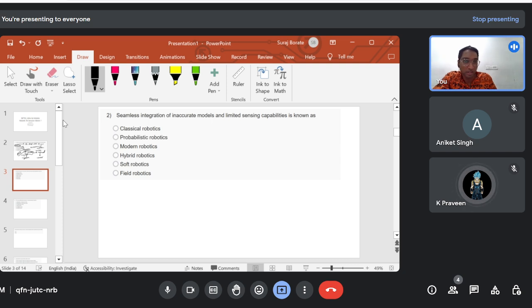Seamless integration of inaccurate models and limited sensing capabilities is known as what? Whatever mathematical model is derived using first principles usually has a lot of assumptions.